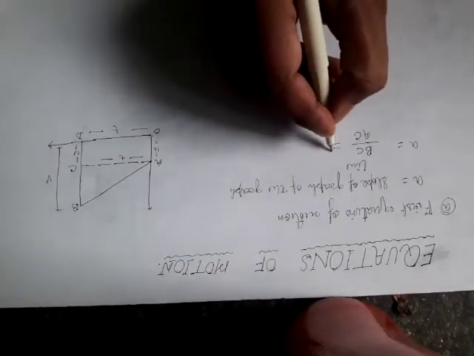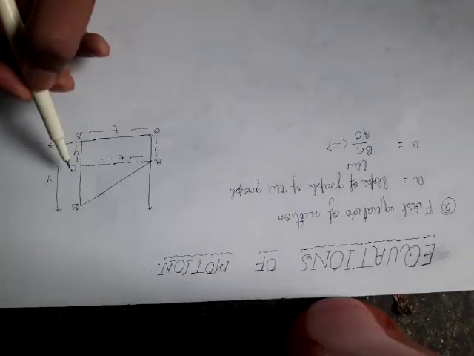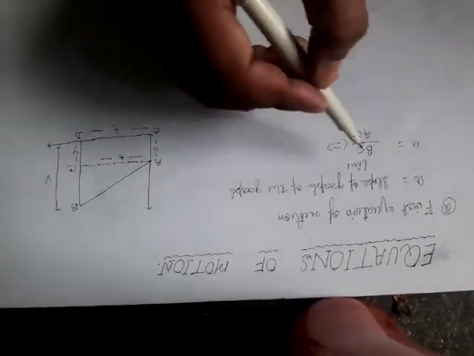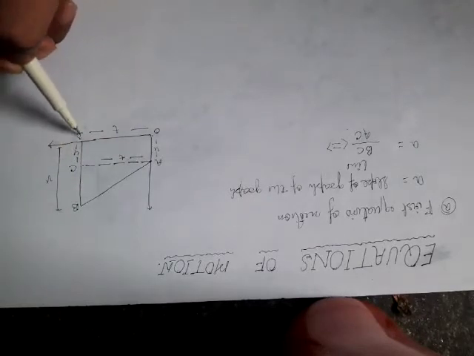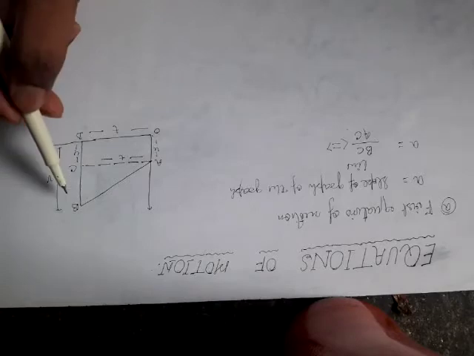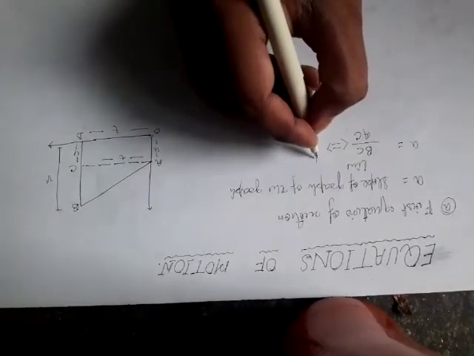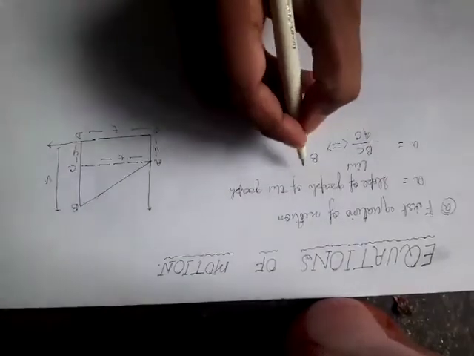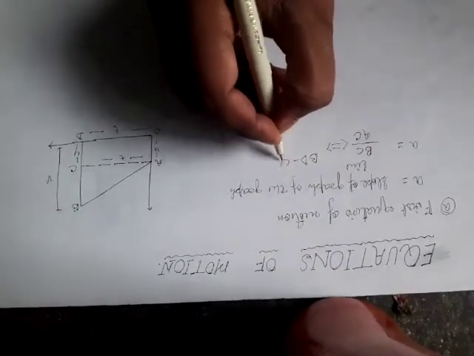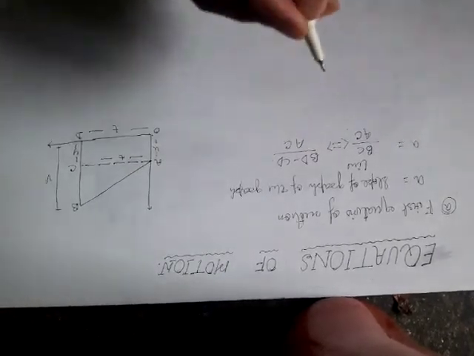What can we write here? Instead of BC we can write BD minus CD, so we obtain BC as BD minus CD, and then the slope is BD minus CD divided by AC.